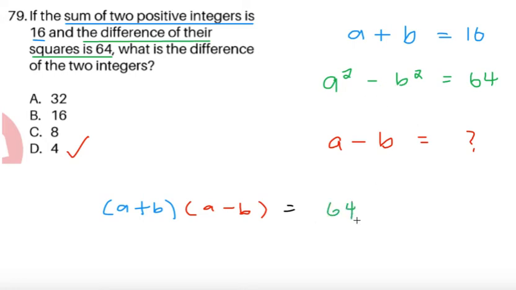And a plus b here is equal to 16. So 16 times a minus b equals 64. So divide both sides by 16. We're going to get that a minus b equals 64 divided by 16, and if you divide 64 by 16, you're going to get the answer of 4. So either trial and error or using our skills in algebra, we will be able to get that the answer is choice D. So it's 4.